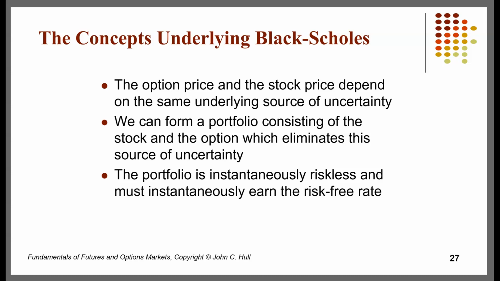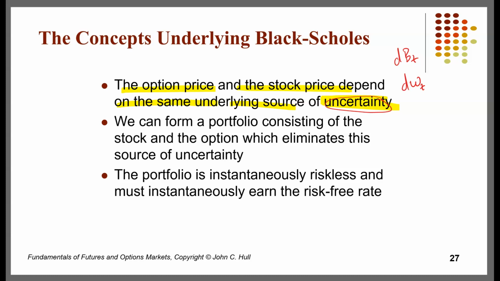Alright, so what are the concepts underlying Black-Scholes? Option prices and stock prices depend on the same underlying source of uncertainty, and you remember that this underlying source of uncertainty really is our Brownian motion, also our Wiener process, right? So it's dWt. That's our source of uncertainty. That's the random shock that we are able to build into our model.